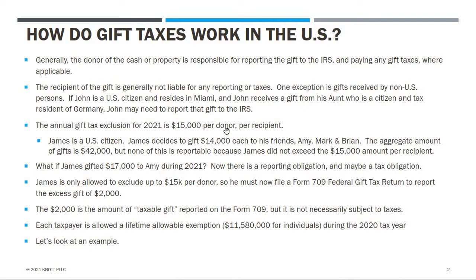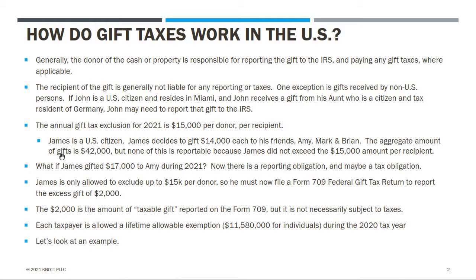But what that means is that you as a U.S. person, you can give up to the exclusion to individual persons, as many as you want, without having to do any kind of gift tax reporting, so no Form 709 filing, and you're not having to be liable for any potential gift tax. So that's why a lot of families will do annual gifts of just up to or under this amount, because they're trying to gift money away and reduce their estate but not have to worry about any reporting.